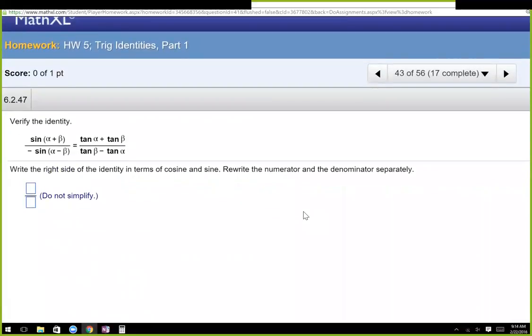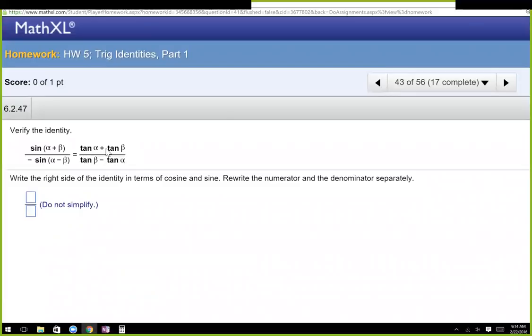Verify the identity. It says write the right-hand side in terms of cosine and sine. Write the numerator and denominator separately. So again, first off, tangent is sine over cosine. So I've got sine of, what's that little fish symbol?